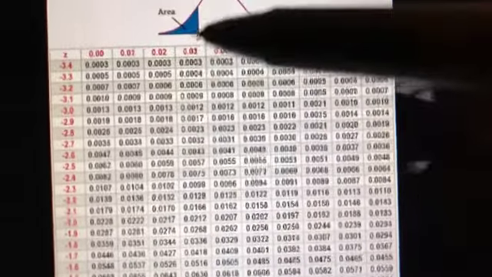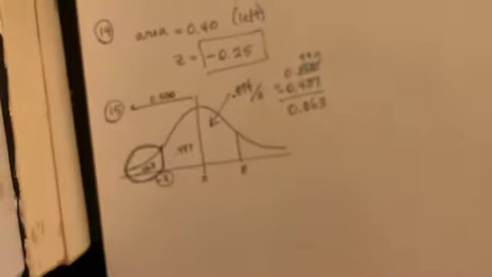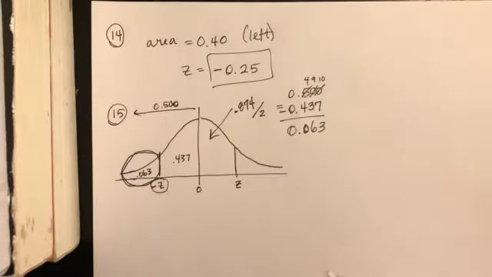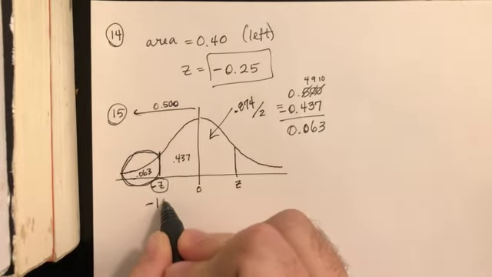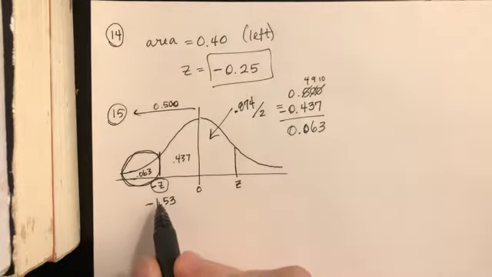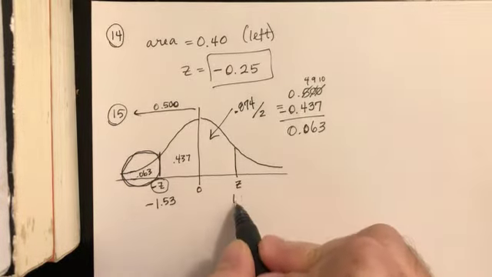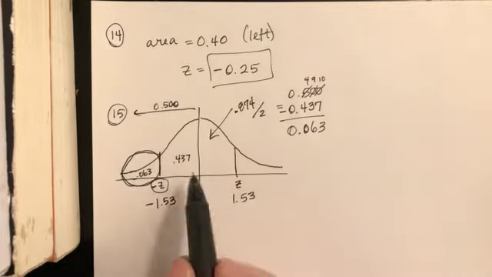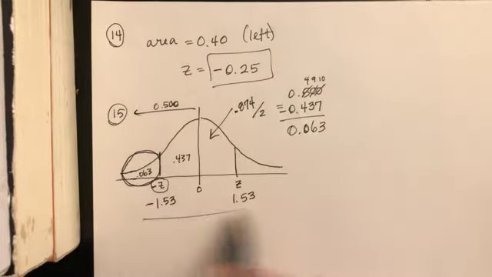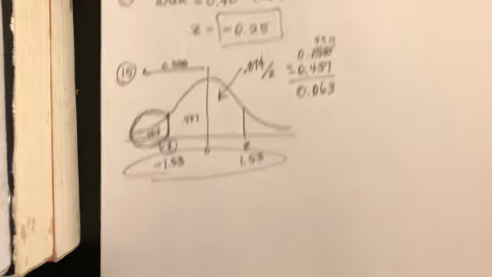So it's negative 1.53. Negative 1.53 is that z-score, and that's one of the z-scores I needed to know. The other one is the positive one, 1.53, because it's symmetric. So there you go. Those are the two answers for that one.